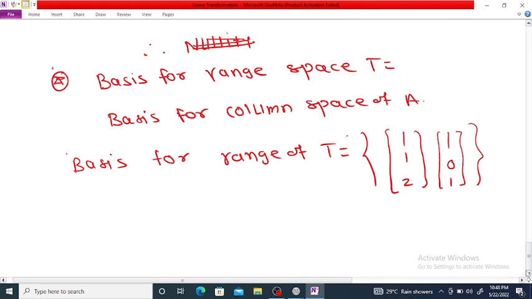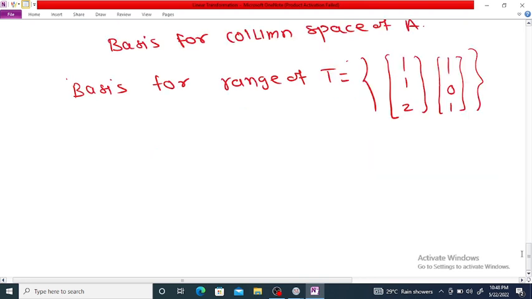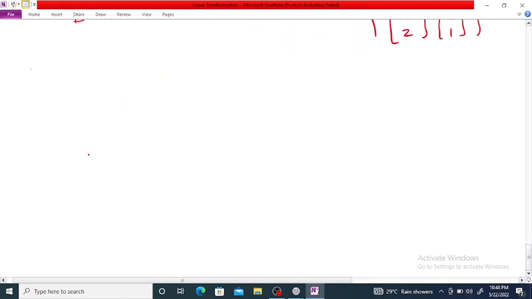Now the next example, this is a second example. Now the third example is, let T1, T2, T3 be linear transformations. I am writing, let T1 of (x, y) be equal to (x plus y, y, and minus x).